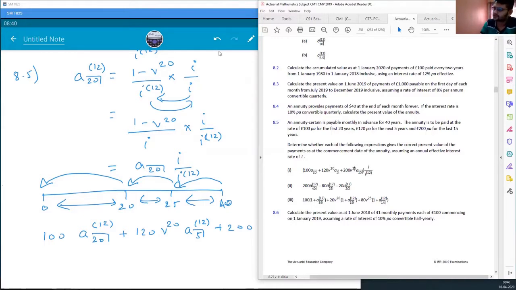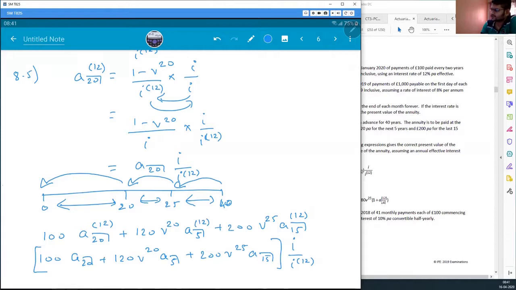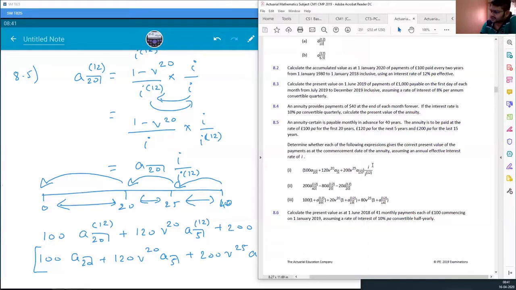This should be our actual formula. If we take I by I-12 out, we'll get 100 A20 plus 120 V raised to 20 A5 plus 200 V raised to 25 A15, and this whole thing into I by I-12. So this is what they have given us. So this is correct. The first equation is correct.